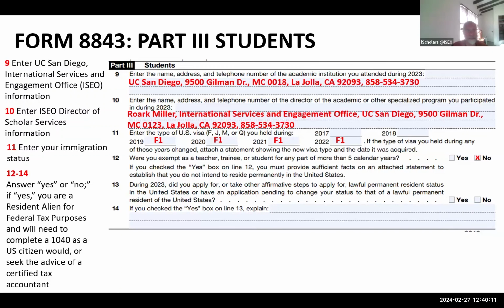It does not mean exempt from filing a tax return. So again, it's just whether or not you can exclude days of presence. If you actually received payments from a US source, you must file a tax return. It doesn't matter how much or how little you received, you must file a tax return. Even if you had a treaty benefit and you had no taxes taken out, you still must file a 1040-NR.